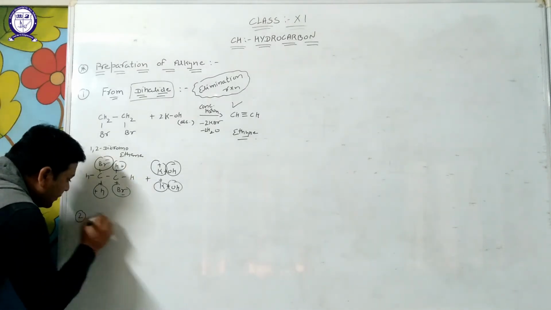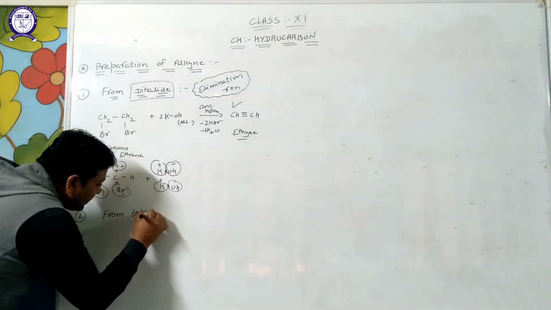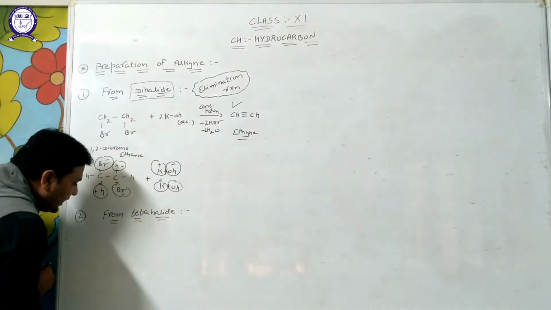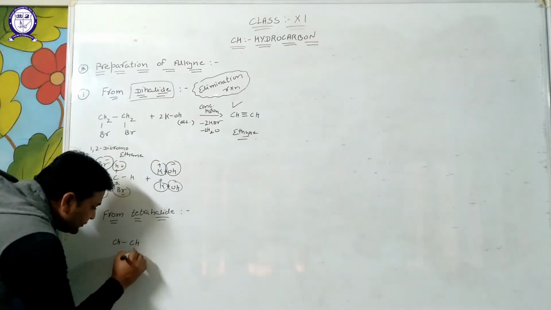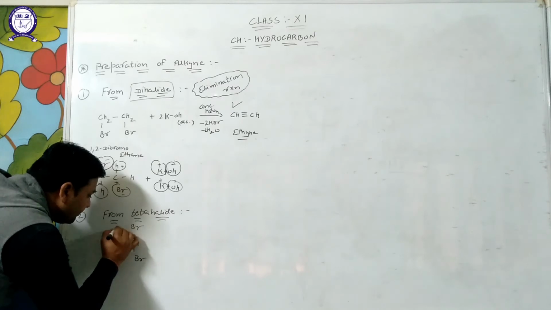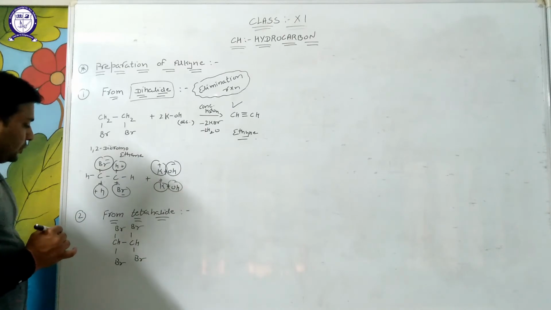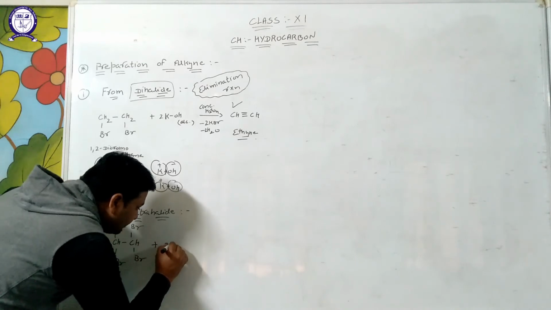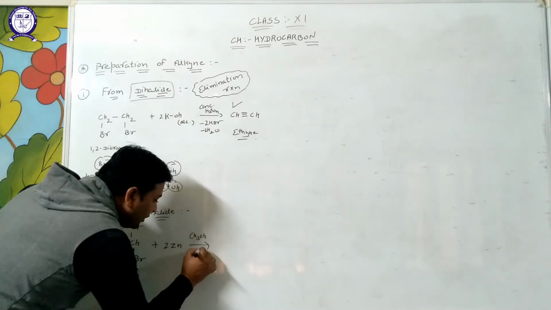Second, from tetrahalide. Example: CHBr2-CHBr2, its IUPAC name is 1,1,2,2-tetrabromoethane. It reacts with 2 moles of zinc in the presence of methanol and heat.